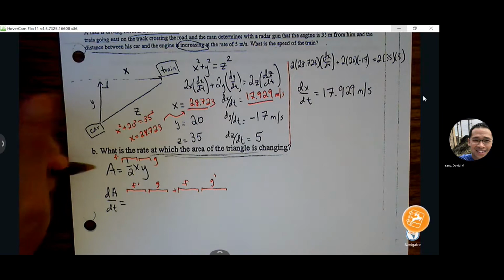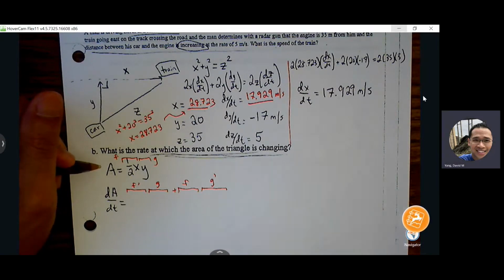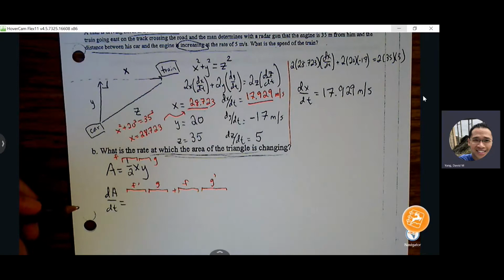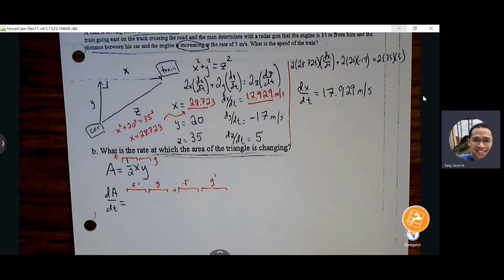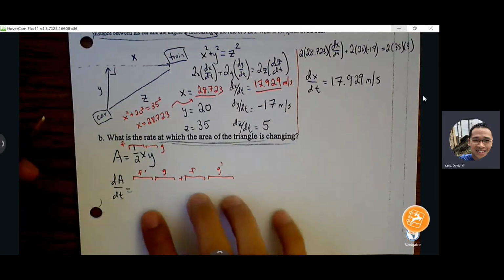You guys know this one. Yeah, if it's other geometric shapes like cones, cylinders, spheres, I'll give you that formula. Okay, so what's f prime?